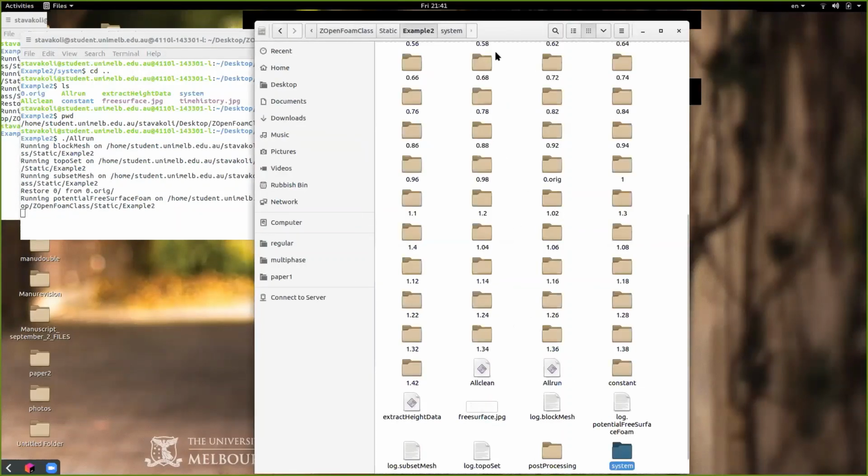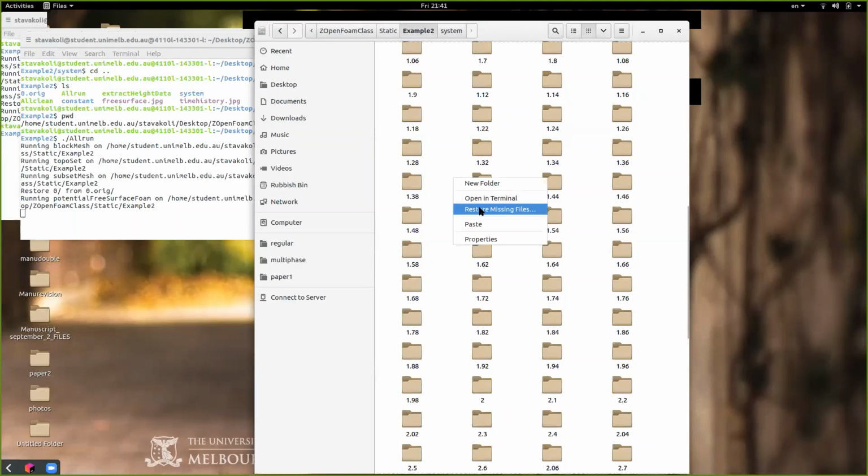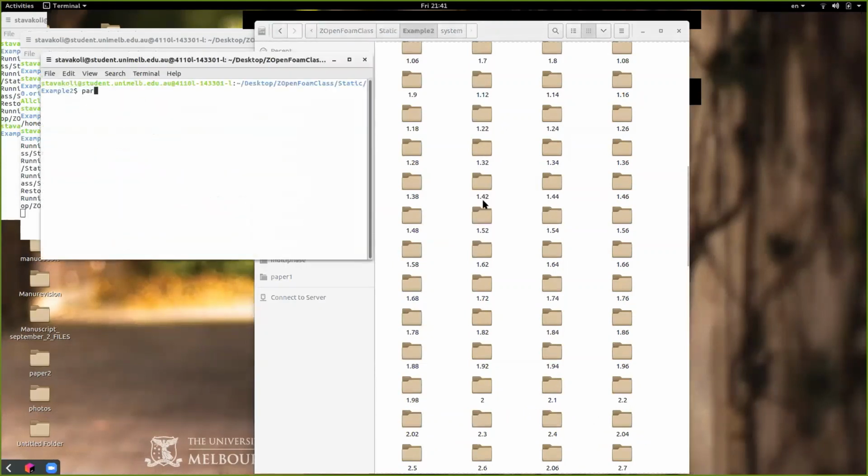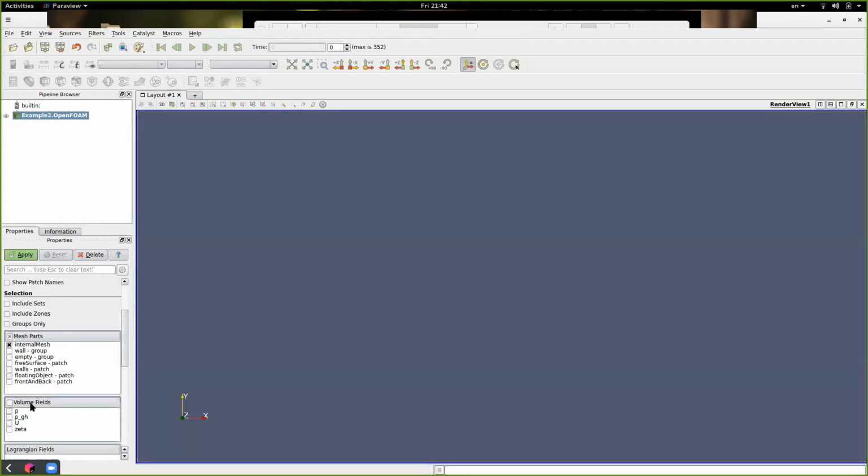So again, get the simulation, and you see that's very fast, and let's have a look at the results.